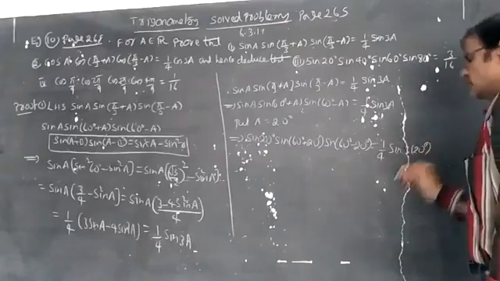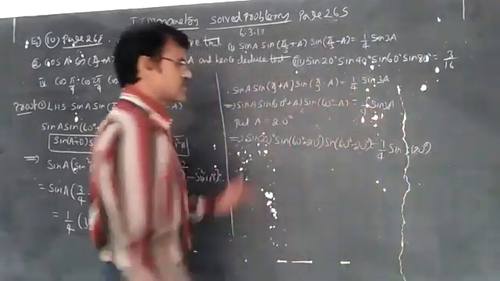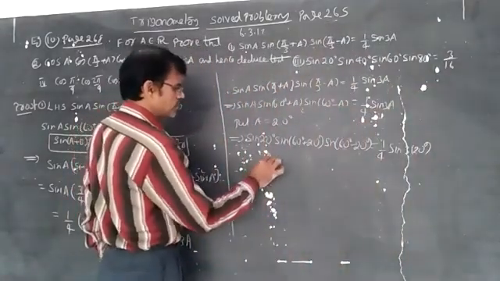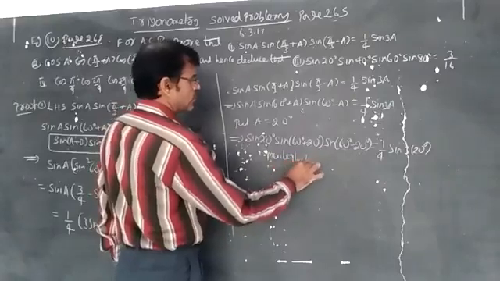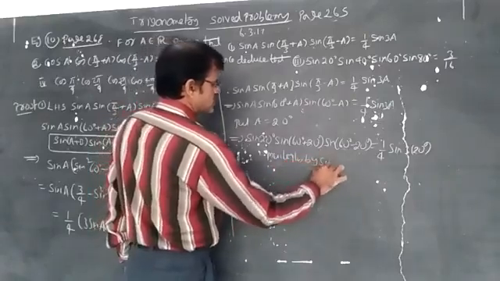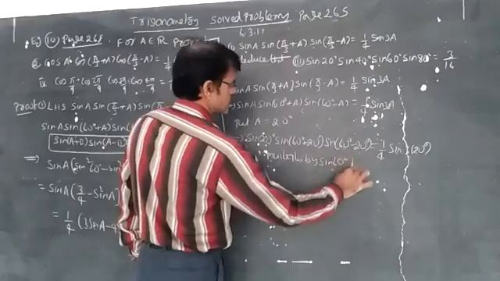Next step, I am writing: multiply by sin 60 degrees on both sides.